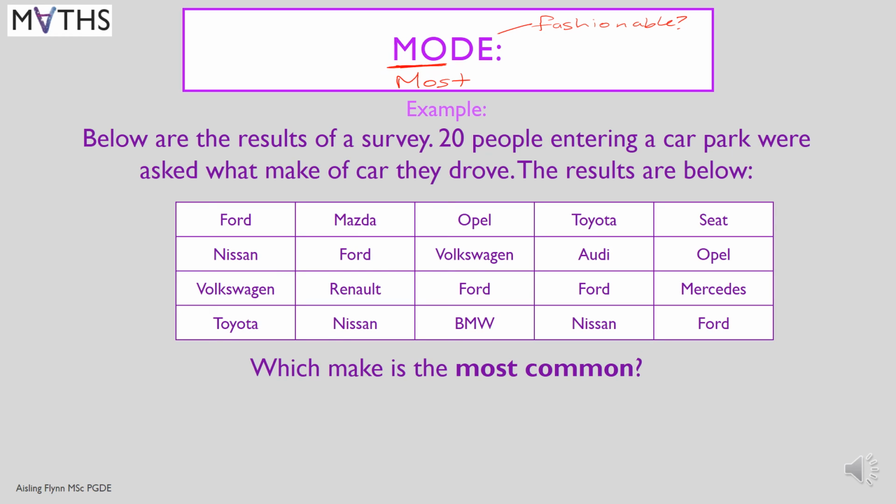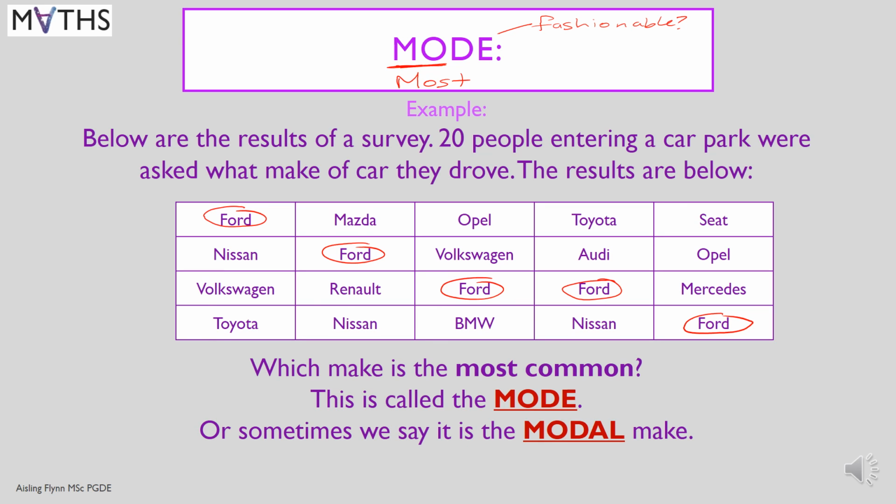You can pause if you wish and take a moment, but I'll tell you that the answer is Ford. There's 1, 2, 3, 4, 5 Fords, which is more than any of the other makes. So this is called the mode. So Ford is the mode, it's the most common, or sometimes we say it is the modal make. So the modal make of car is Ford.